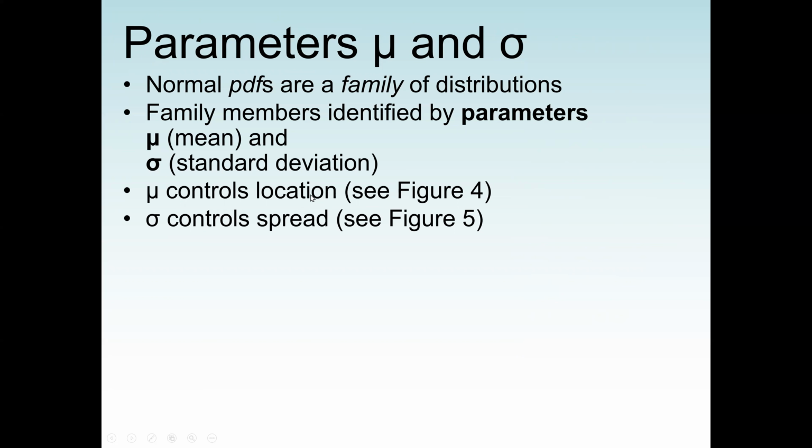If the mean value is less than the previous value, then the graph location will change and it will shift to the left. The standard deviation will control the spread of the data. So when the standard deviation value is bigger, the bell-shaped curve becomes wider. When the standard deviation is very small, it becomes narrow.